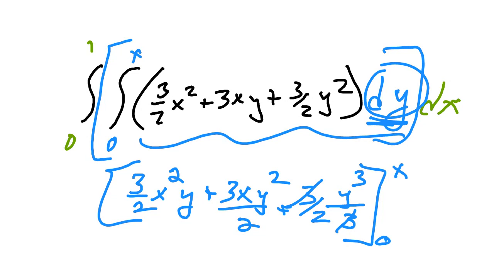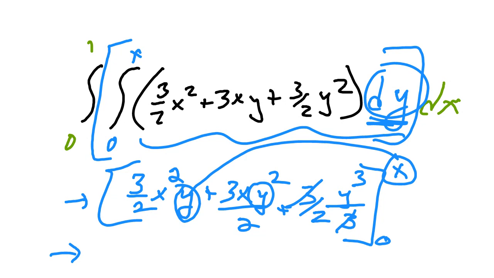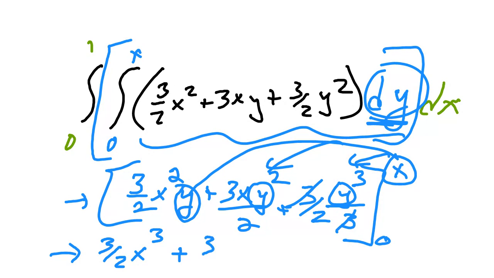So what's that part? Plugging in the x here, everywhere there's a y, then I'm going to get 3/2 x cubed plus 3x times x squared over 2. Excuse me, 3x times x squared is x cubed. You know what I meant, hopefully.